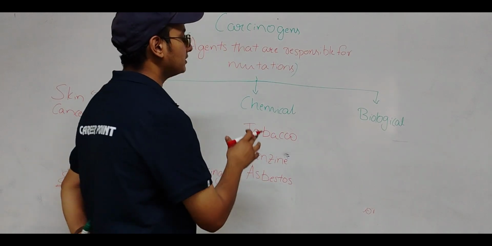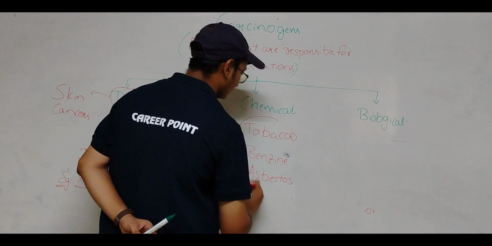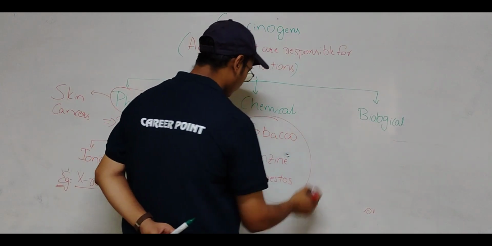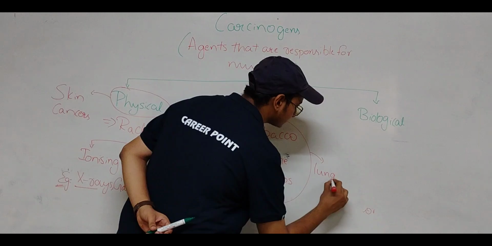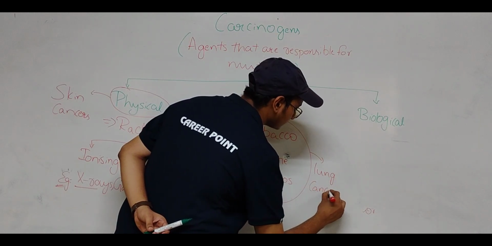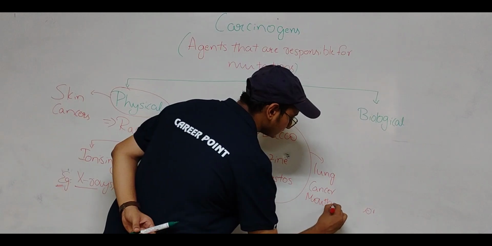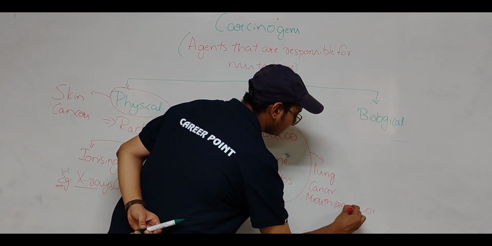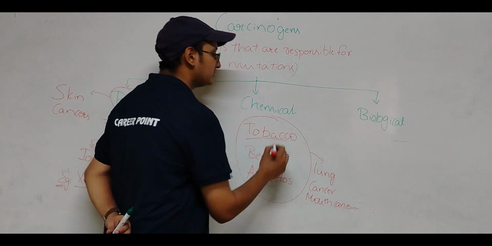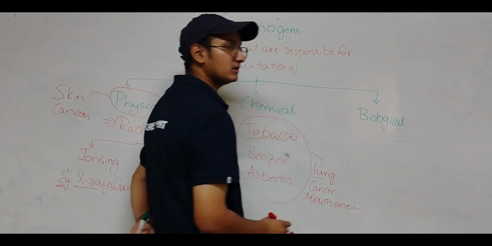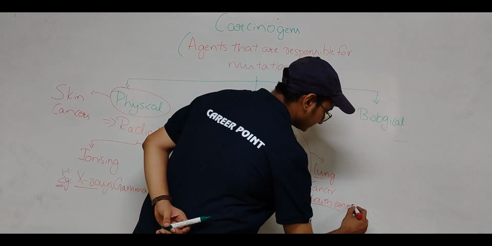When we are exposed to these kinds of things, it alters the DNA, and this leads to formation of lung cancer and mouth cancers. So if a person is repeatedly using tobacco, it might lead to lung cancer, and if he is chewing tobacco, it might lead to mouth cancers.